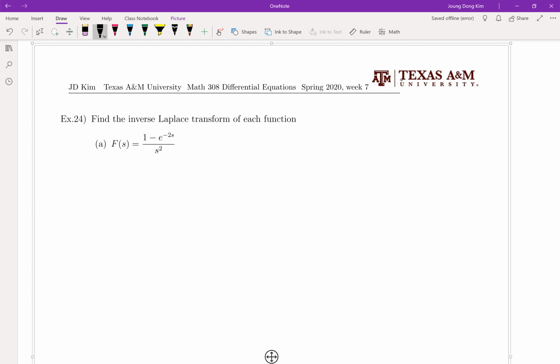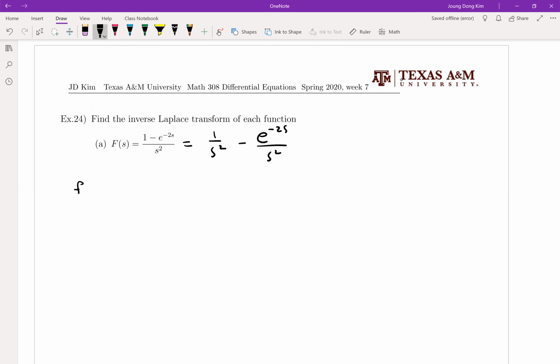There we go. So basically, whenever we have this kind of function in that world, then we should split it into two separate fractions, okay? Which is 1 over s squared minus e to the minus 2s over s squared, okay? So here we go.